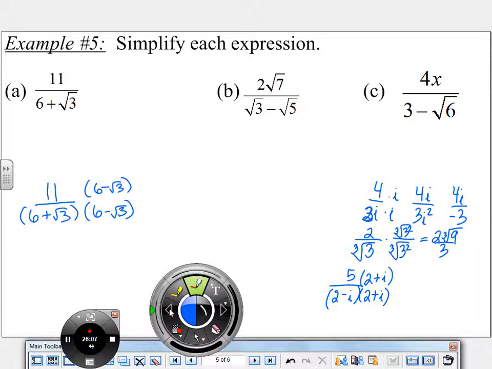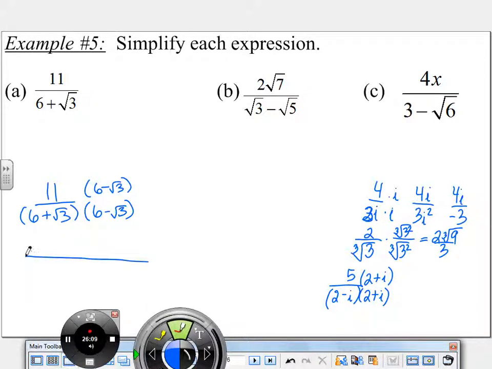And like we saw in the problems that were just done, in the denominator, as I distribute or FOIL this, I get 36 minus 6 rad 3 plus 6 rad 3, and this should make me very happy that those things cancel out. And then I'm going to get minus 3.